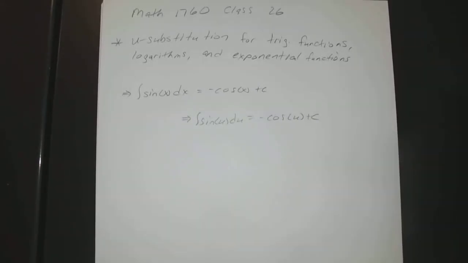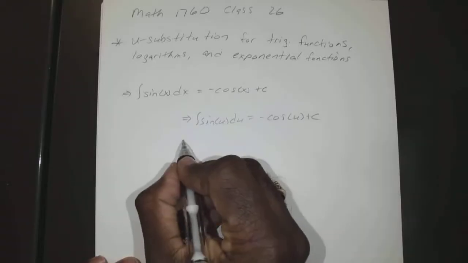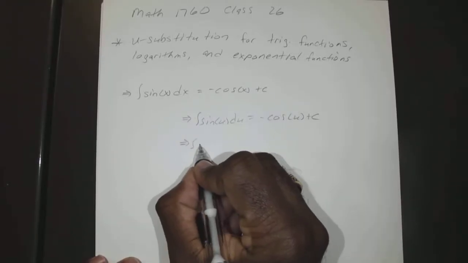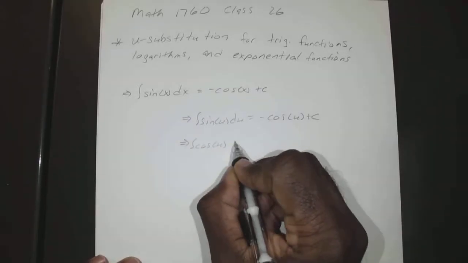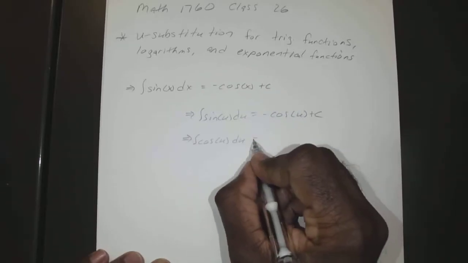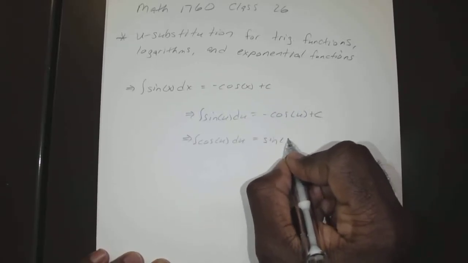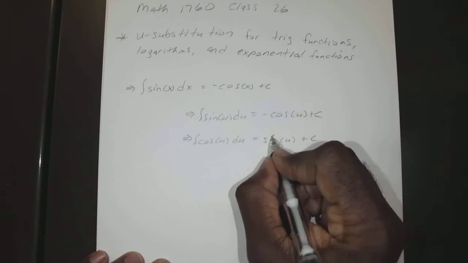So all the derivatives we had before are exactly the same, it's just the x's are changing to u's. Okay, so that means the integral of cosine of u with respect to u is equal to sine of u plus c.